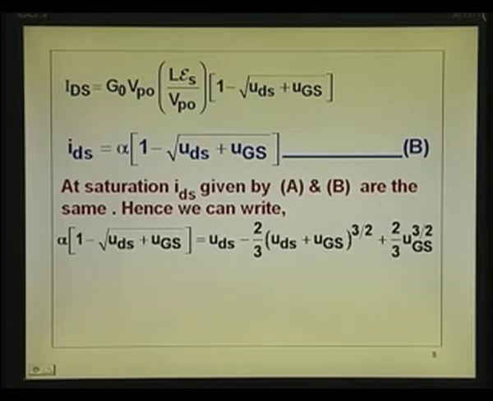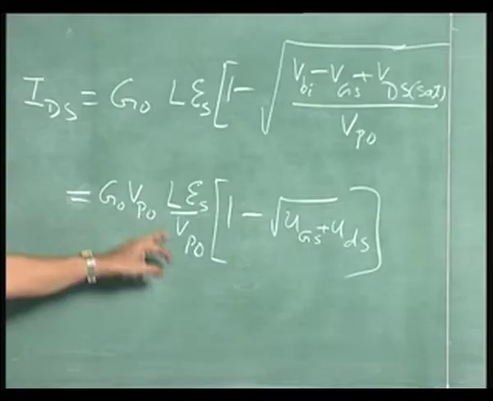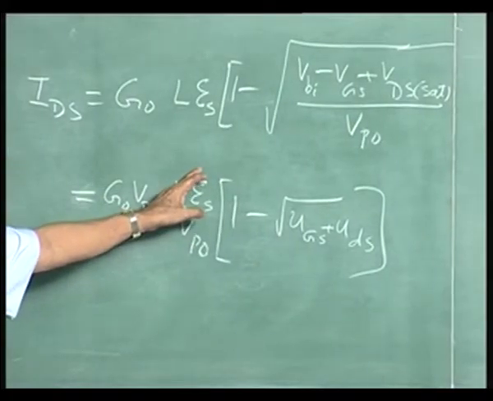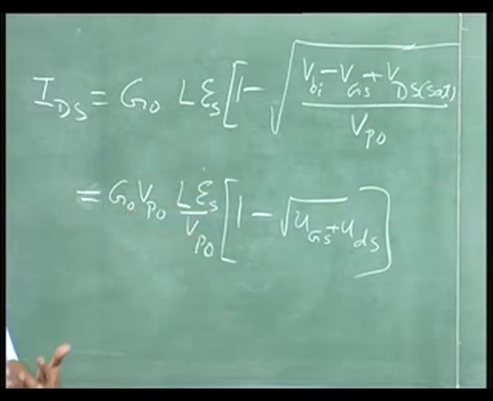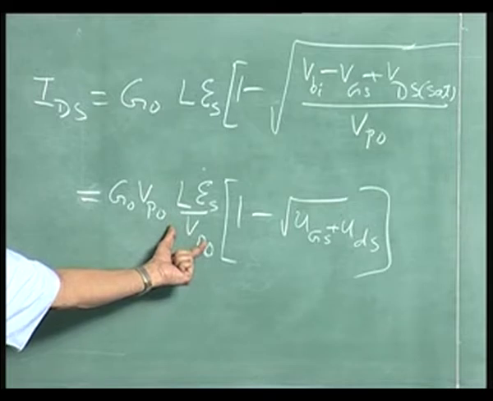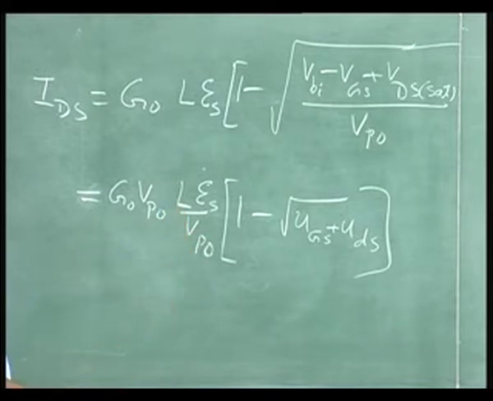Now, what is alpha here? It is again writing one term for this particular quantity. Alpha is L E of s by V p 0. This quantity is referred to as alpha just for writing purpose. It is not like the current gain or things like that. It is actually the channel length times the saturation field, how much it is compared to the pinch off voltage.